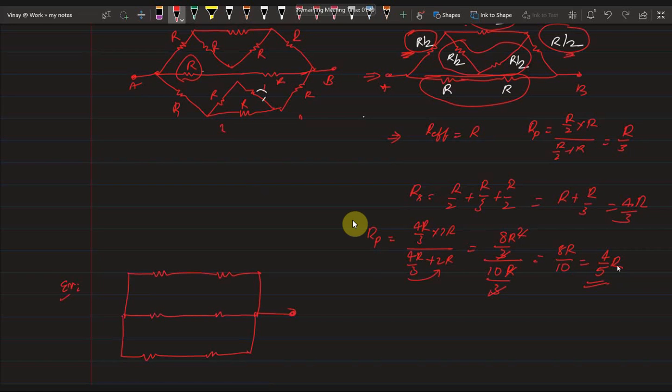This is point A, this is point B. This is taken as capital R, and this as small r. Now, find the effective resistance between A and B. Try to calculate.